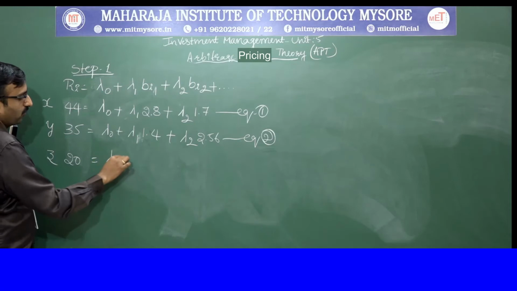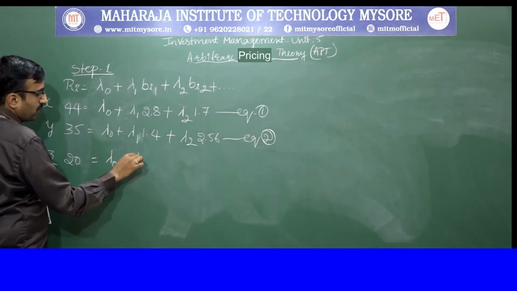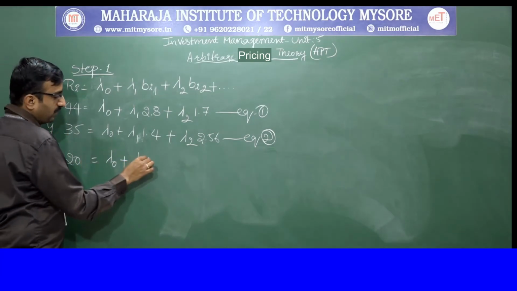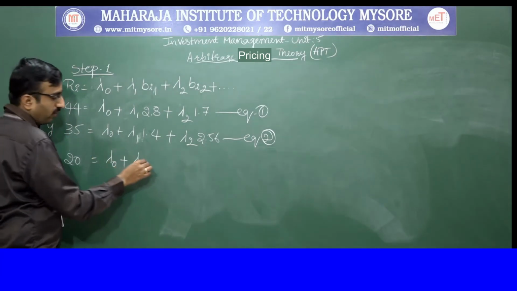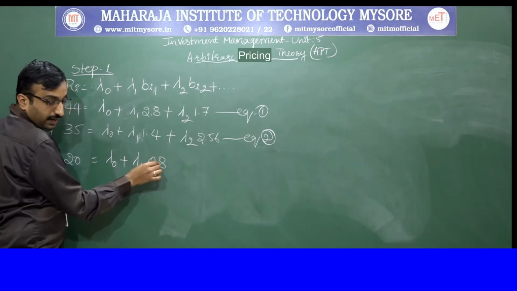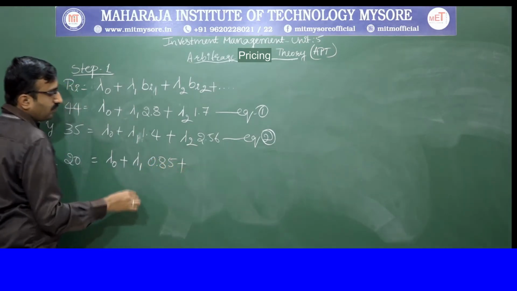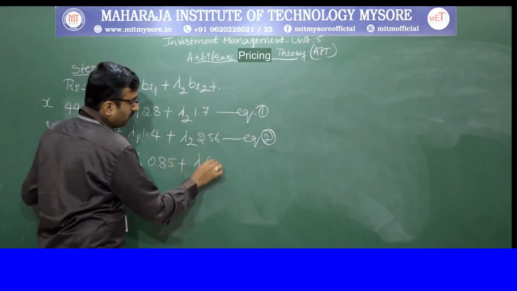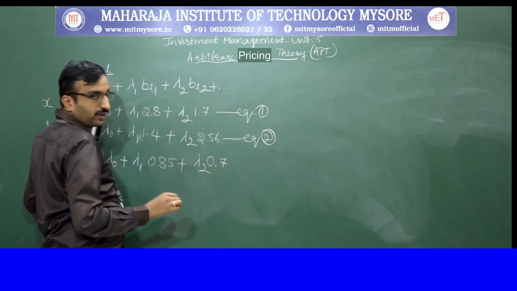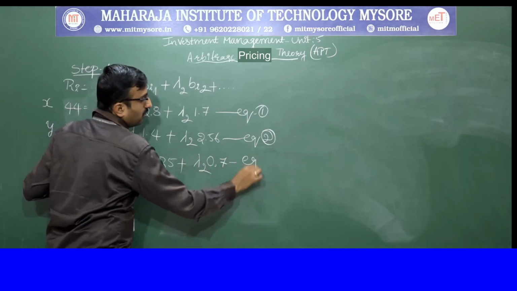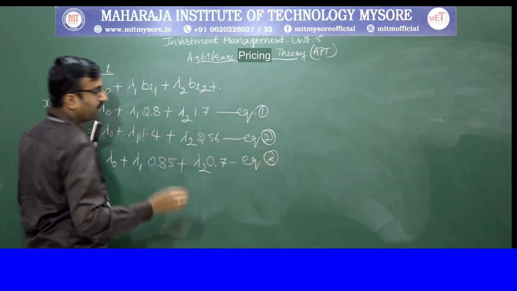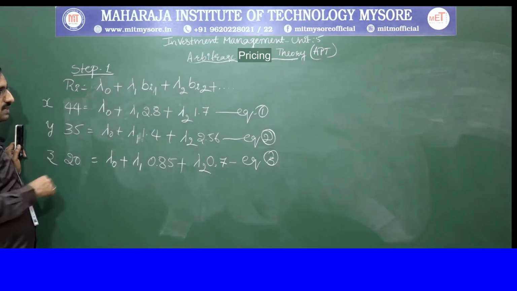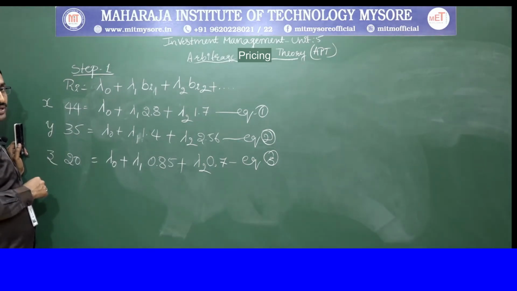Then lambda naught we do not know, lambda 1 we do not know, but beta 1 for the third security, the z security, is 0.85. Lambda 2 we do not know, but beta 2 we know. This is called equation 3. So, we have these 3 equations, and first we have to consider these 3 equations.